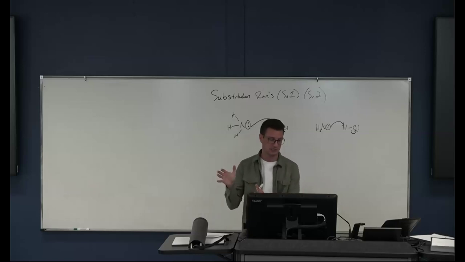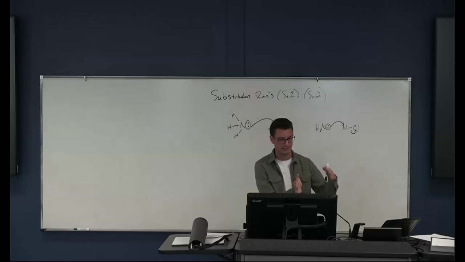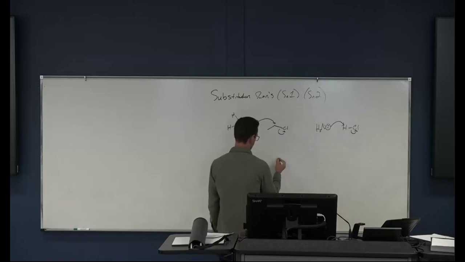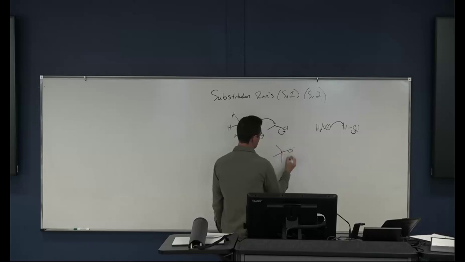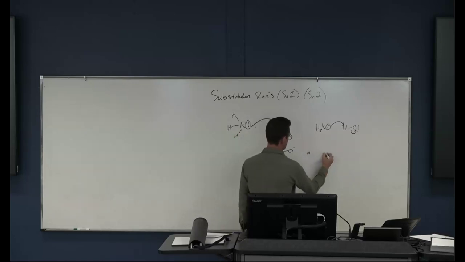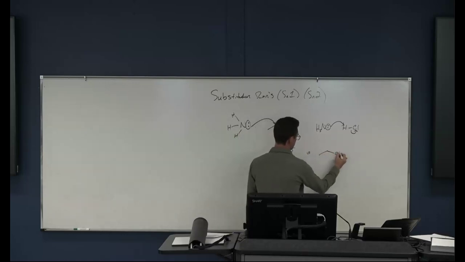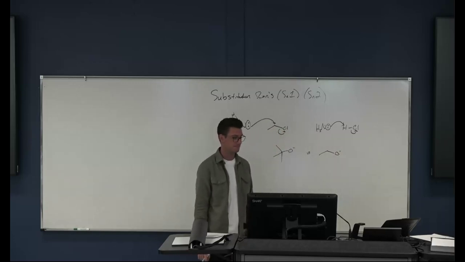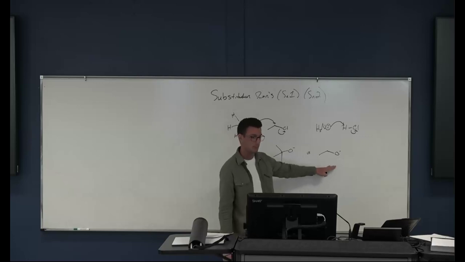You have a species that's going to come into a molecule to try to take the place of something. So if you have, say, what we call a tert-butoxide versus just that, this is of a smaller molecular size.